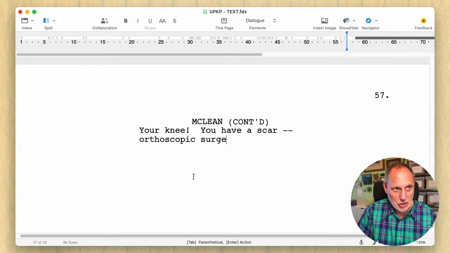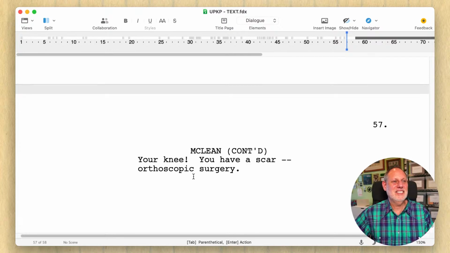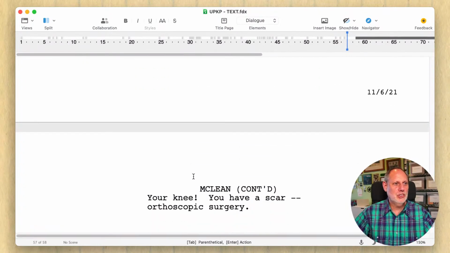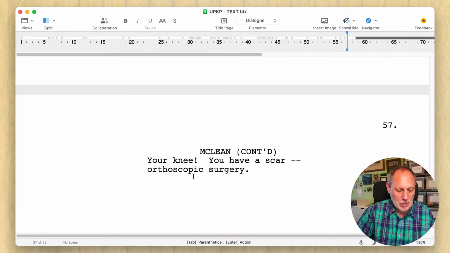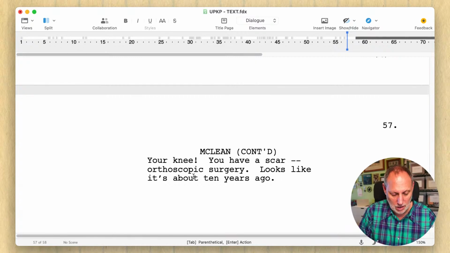Orthoscopic surgery. So he's like, your knee, you have a scar, orthoscopic surgery. Looks like it's about 10 years ago. I would put you in high school, right?